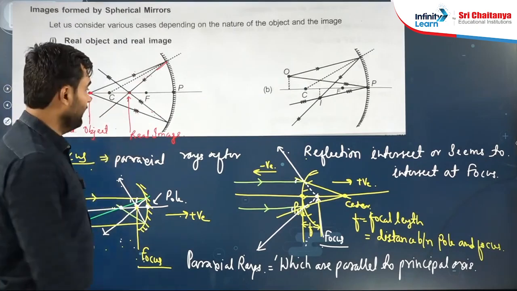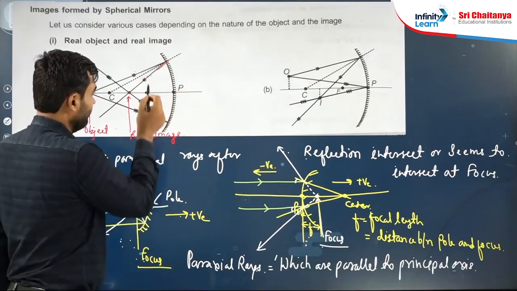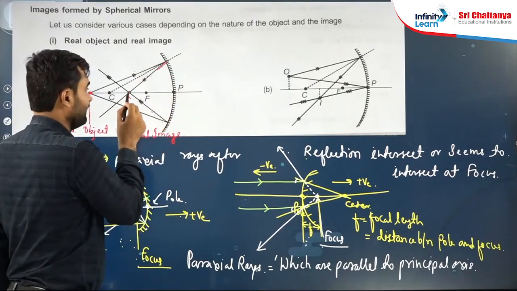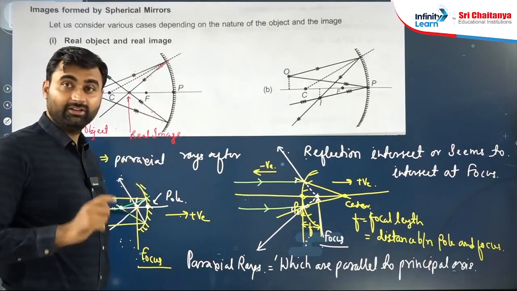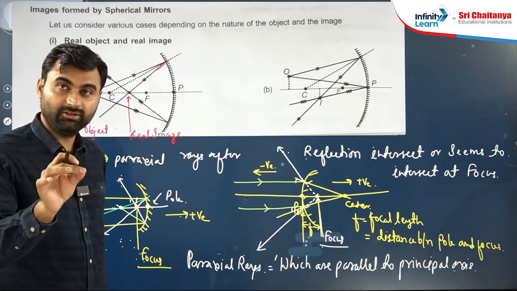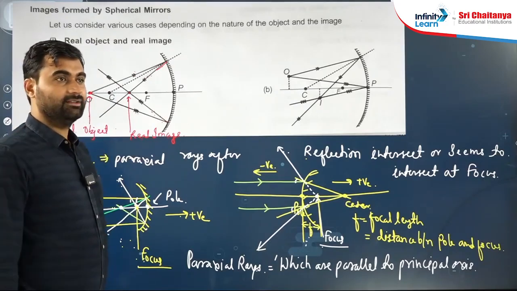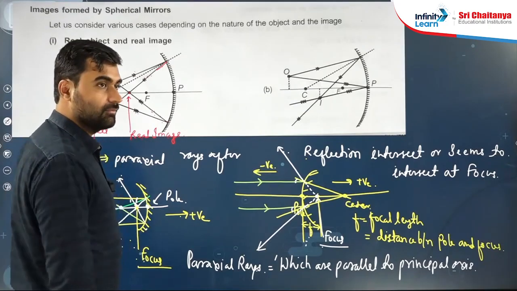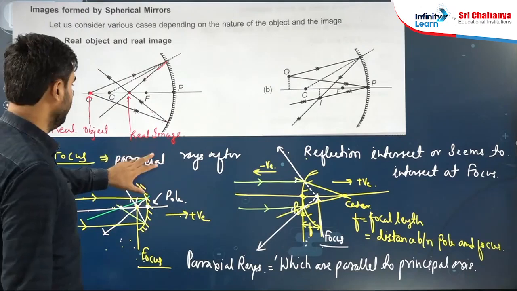If reflected rays are intersecting, that is a real image. If reflected rays are not intersecting, that is a virtual image. Is it clear?